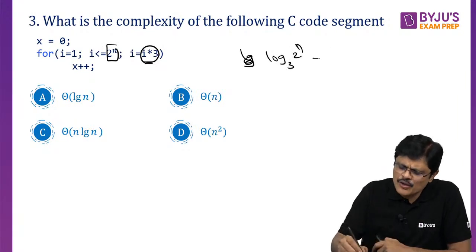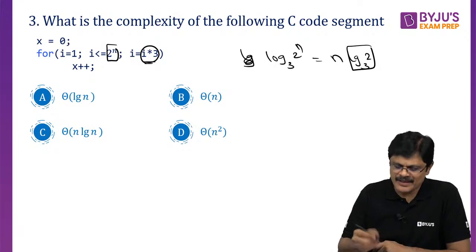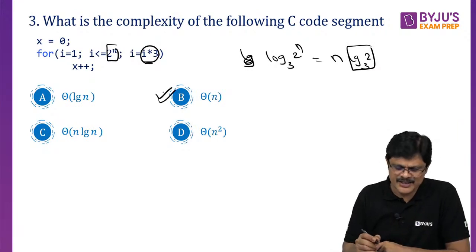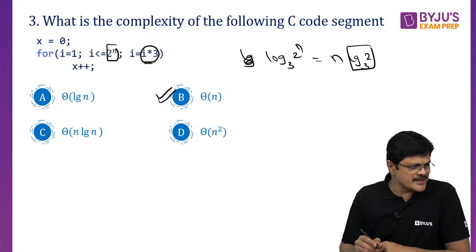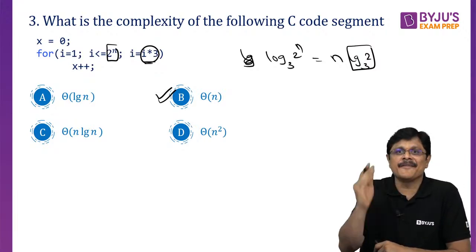Am I clear? So in that particular case it would be n log 2 to the base 3. Whatever it is, it is a constant. Therefore the answer for this must be theta n. Am I clear? So the answer for this must be theta n. It's not n log n, my dear friends. C is the wrong answer. Okay? It is the wrong answer.